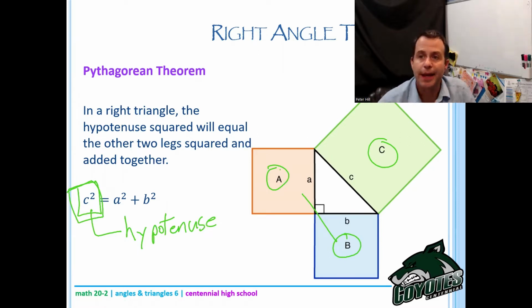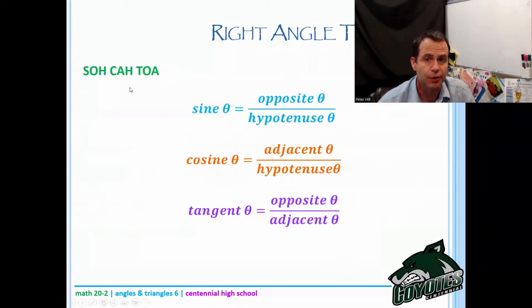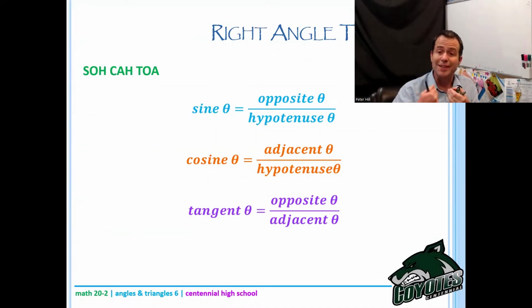And then last year, we introduced the concept of trigonometry and SOHCAHTOA. SOHCAHTOA is just a quick way to remember all the ratios of a triangle, and I've listed them here for you. The sine ratio is the opposite side of angle theta divided by the hypotenuse.